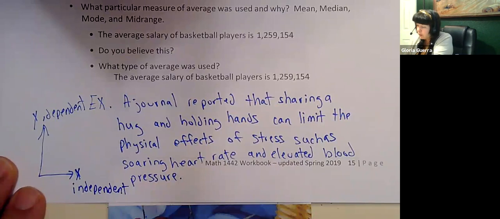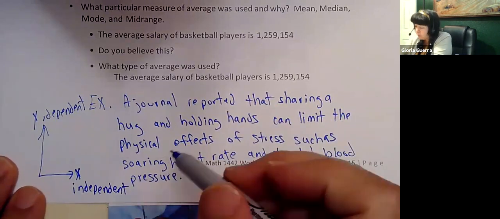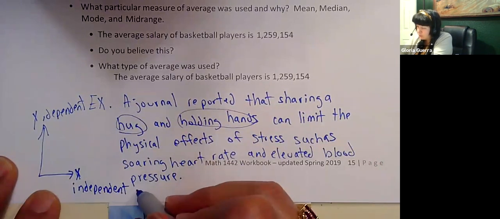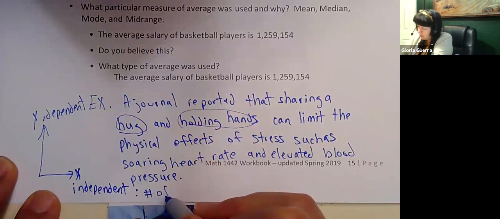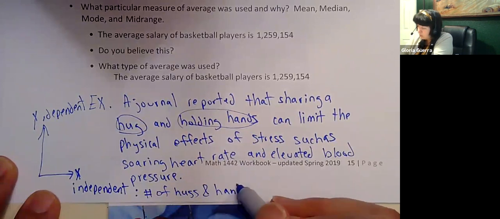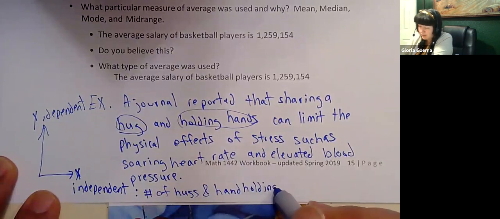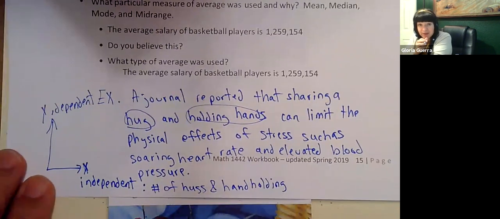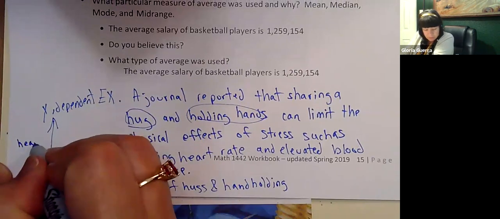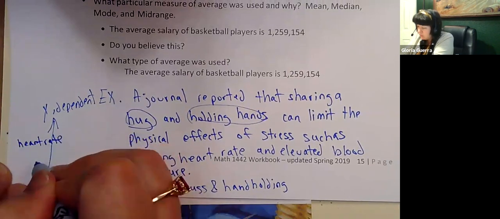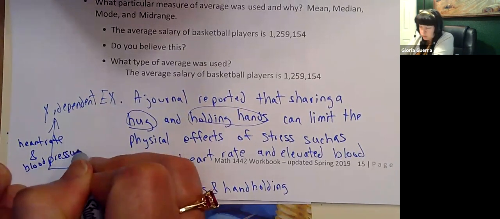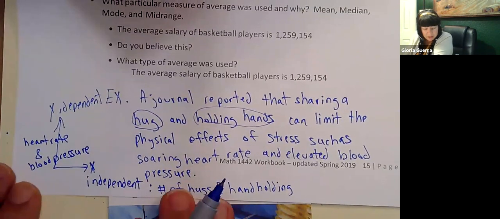So here the independent variable would be keeping track of the number of hugs and the amount of hand holding, like you're holding someone's hand, and you're keeping track of that, and you're seeing how does that affect their heart rate, how does that affect their blood pressure, does that somehow lower that, how does that affect that, okay?